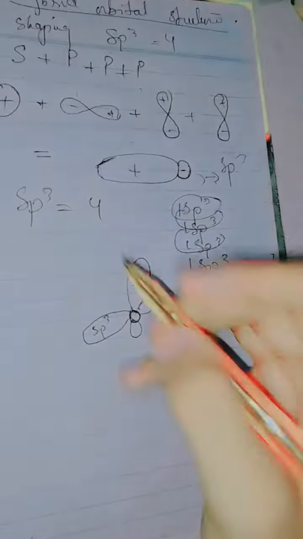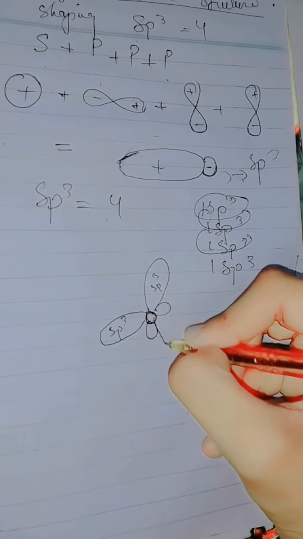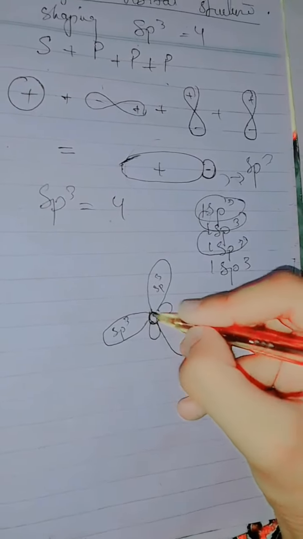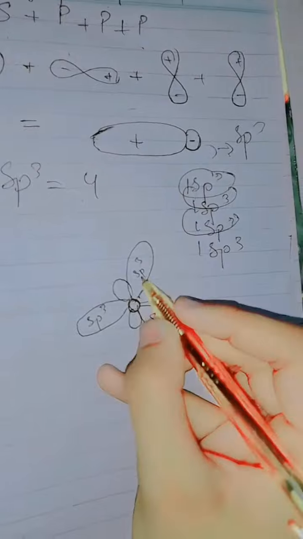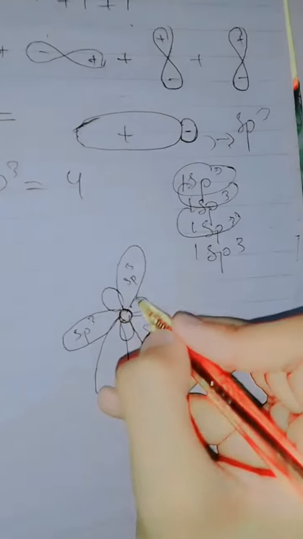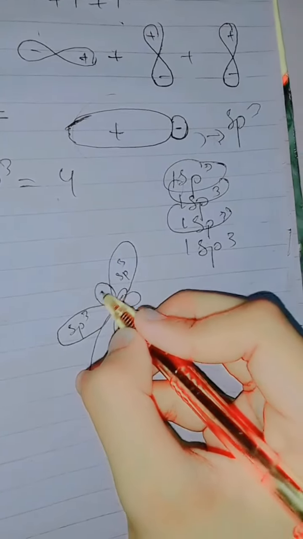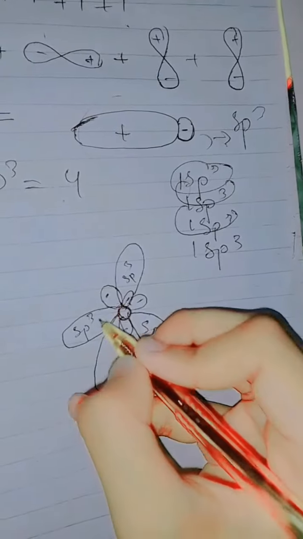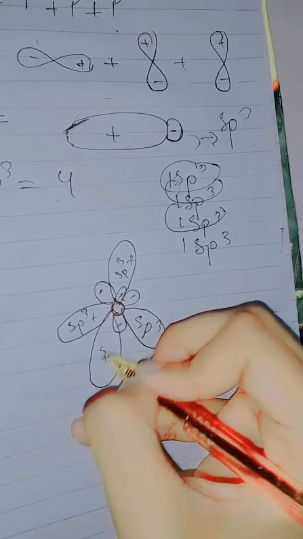Now third, this will be the third sp3. Now fourth will be this sp3. That is actually the negative side, and that is actually the positive side.